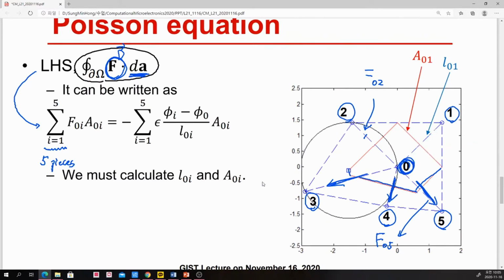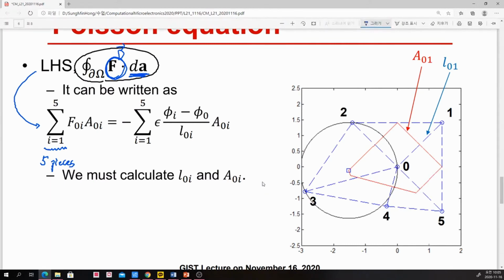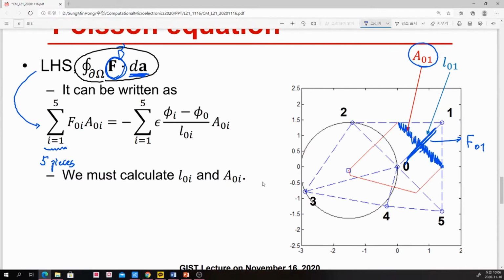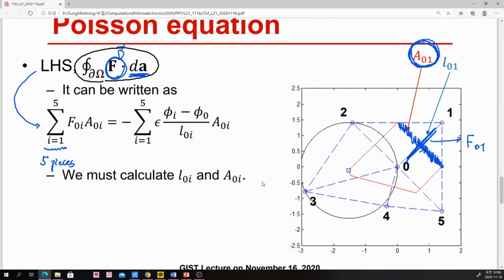For F01, we also have to consider the area perpendicular to this edge, and this is written here as normal area A sub A, which is normal to the edge connecting 0 and 1.